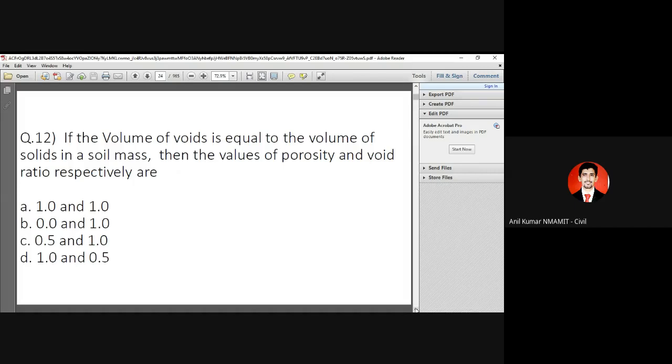Try this. We will see who will give the right answer.